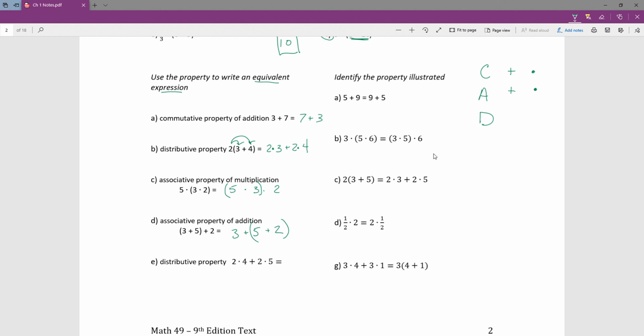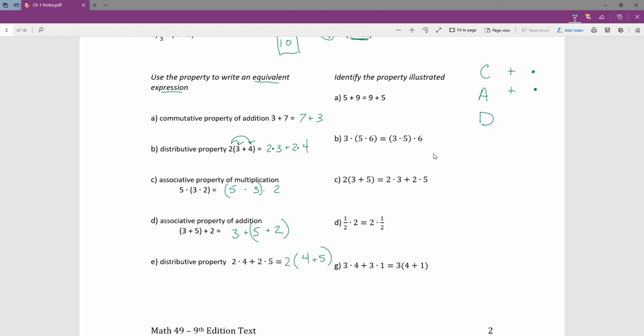My cue here is that it's the distributive property, and this is like the reverse of everything we've done so far on this page. So the other half of this, writing the equivalent expression, would be 4 plus 5. It's harder to see in reverse, but I like that this one's in here because it does make you think it backwards.